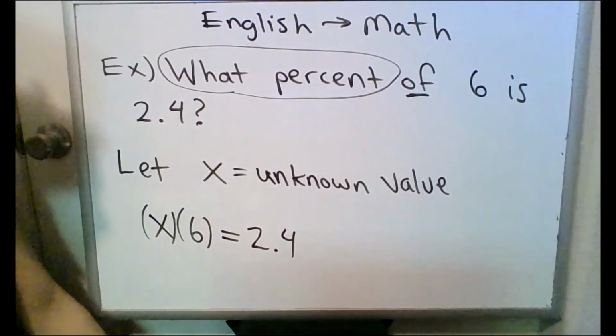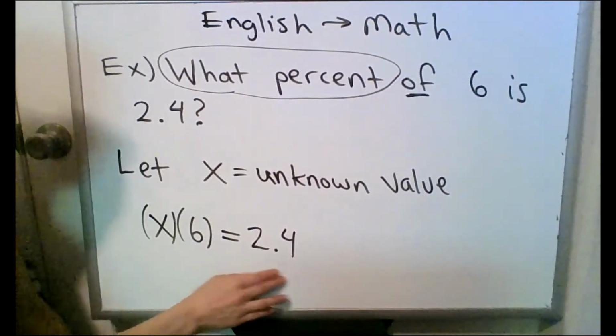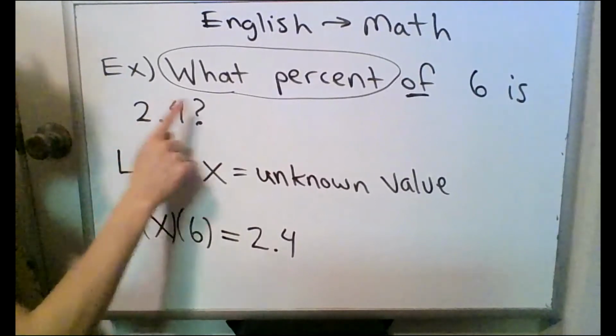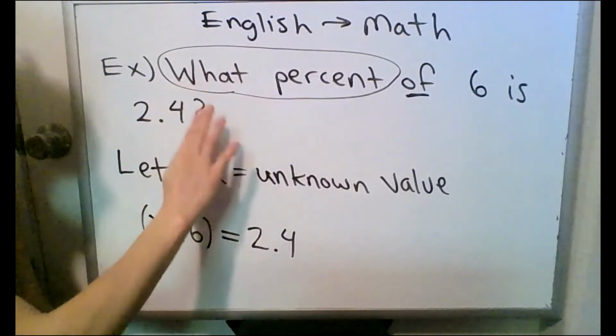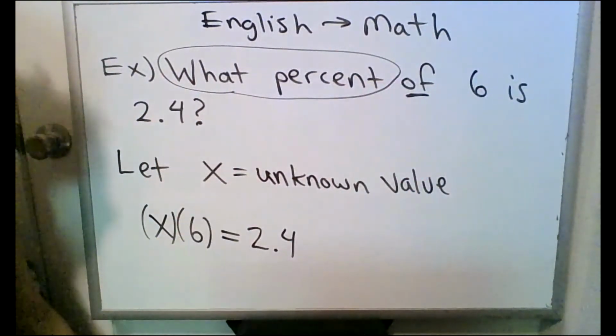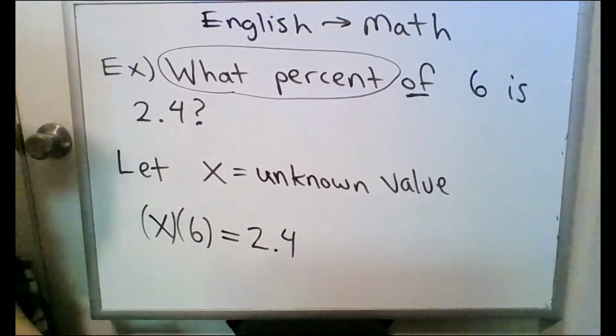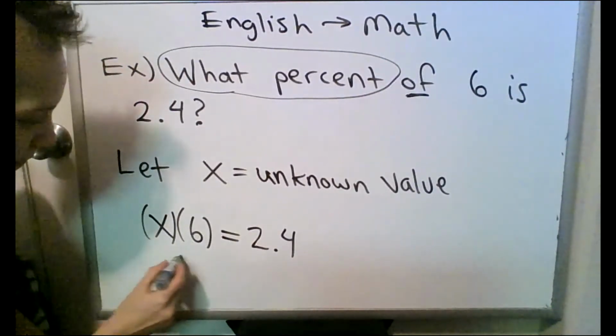I also suggest, for the most part, you're going to write down your mathematical statement as you read the sentence. So x times 6 equal to 2.4. And then solve for x. We will divide both sides by 6.